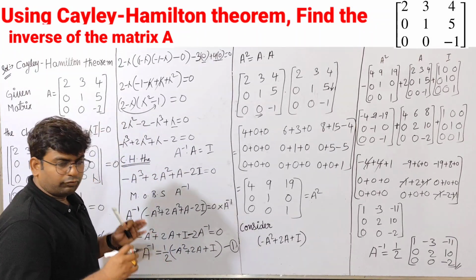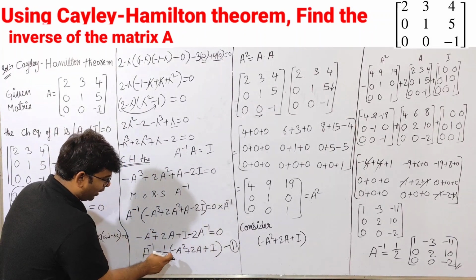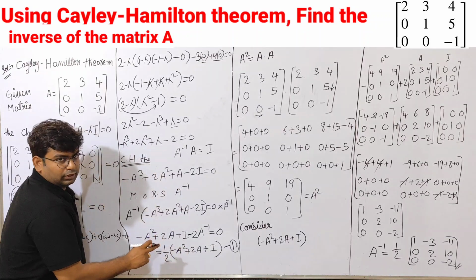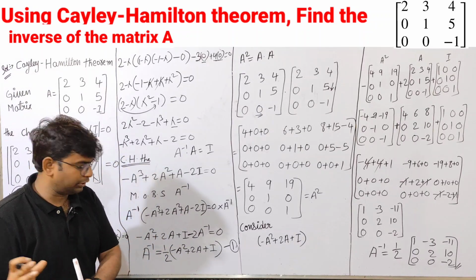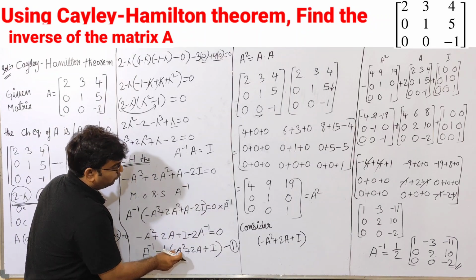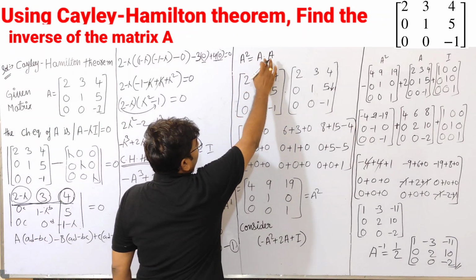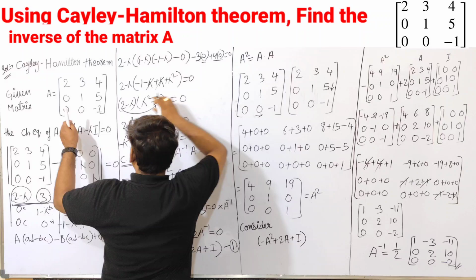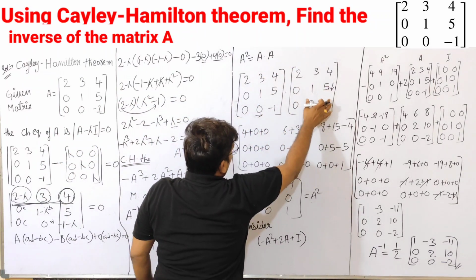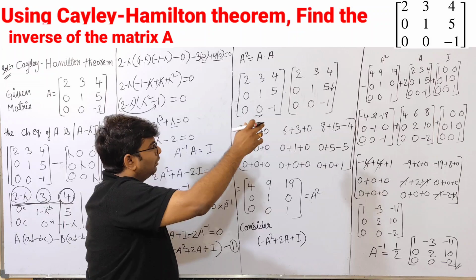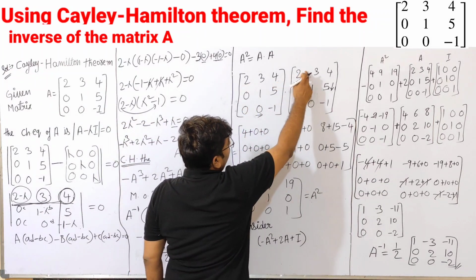In this, first we have to solve the A square value, because to simplify the sum, we should solve the A square value separately. So now I am taking A square, meaning A into A. What is A? Given in the question is the A. And again the other A. Now I am multiplying these both, like rows into columns.